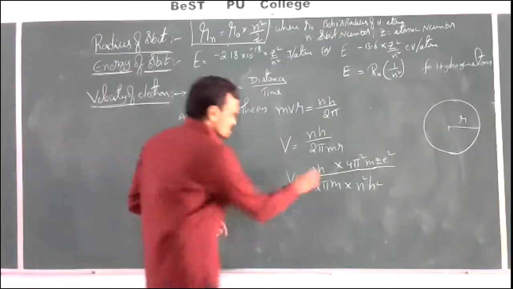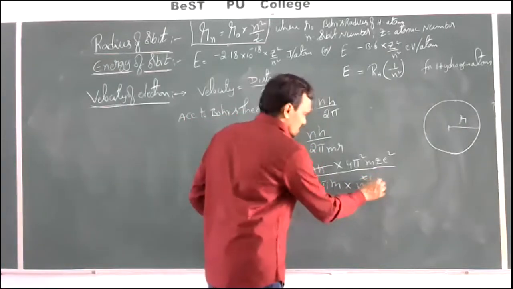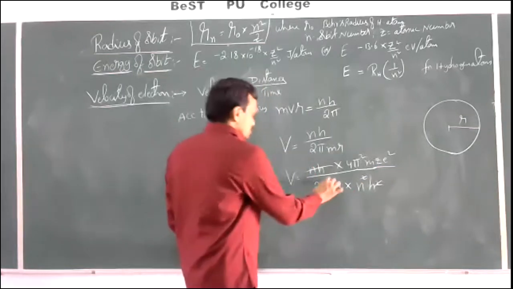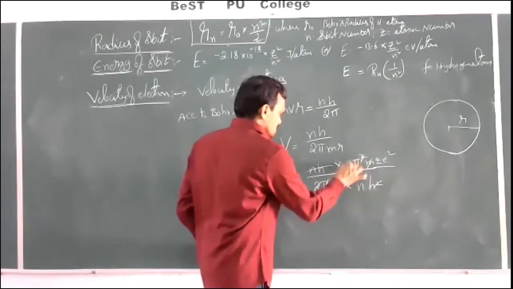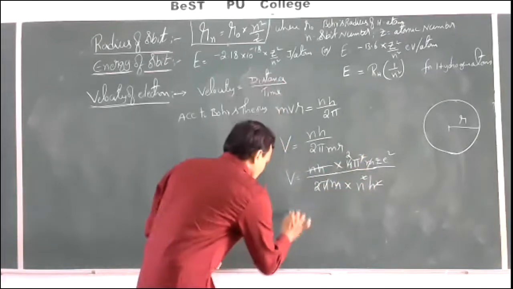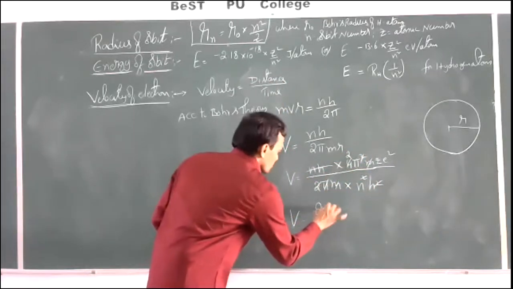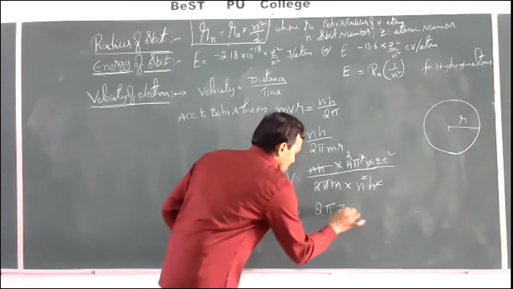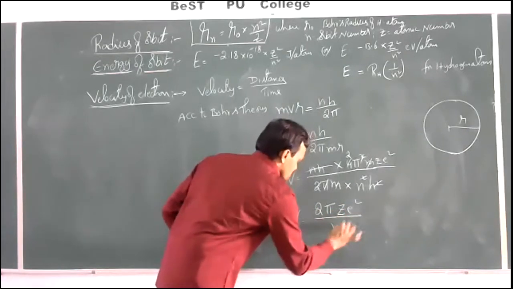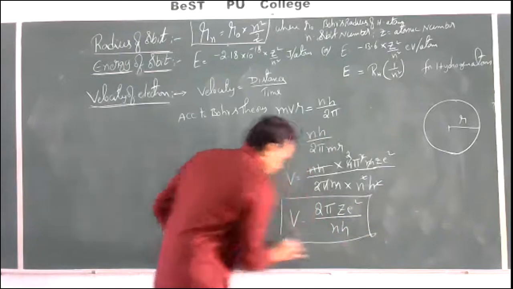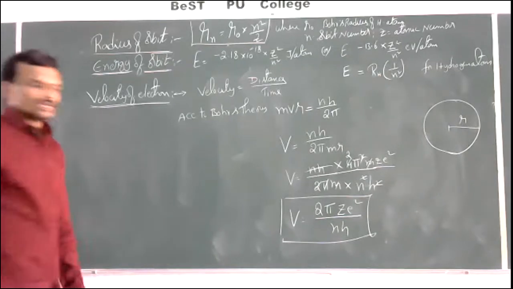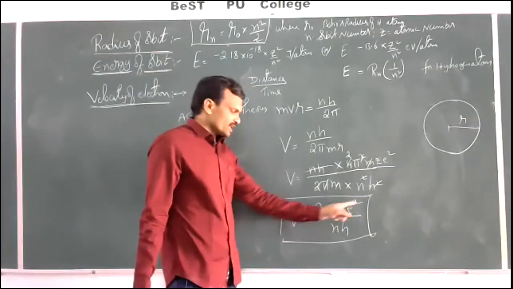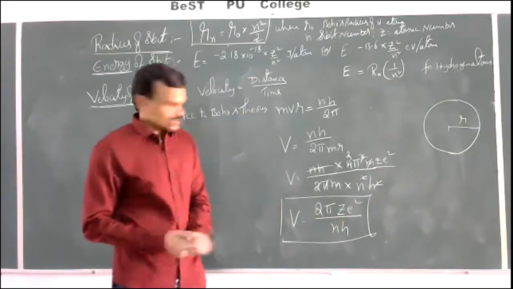Now cancel the constants. Here n and h get cancelled, pi and pi get cancelled, m and m get cancelled. If you cancel like this, then remaining v is equal to 2 pi Z e square by nh. So this is the expression for velocity of the electron.